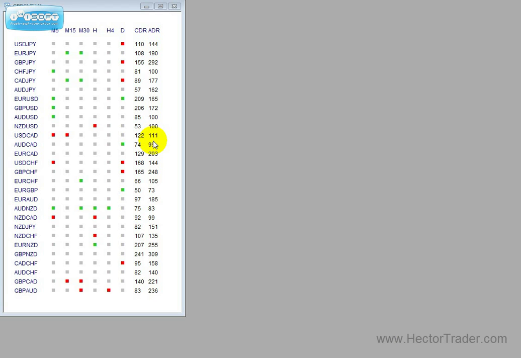It's rather remaining flat, right? So what I do is I read through my indicator.